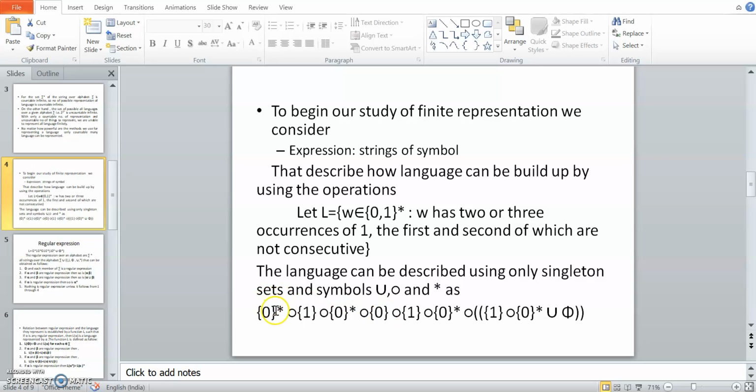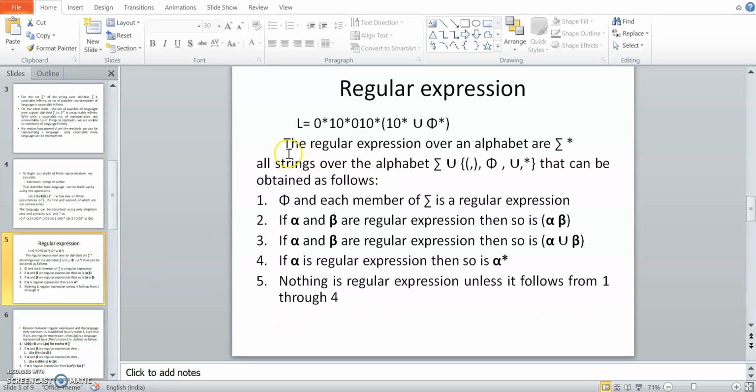I can exclude curly braces and the concatenation symbol. Then we get a new expression like this. L is equal to, by removing curly braces and the concatenation symbol, it looks like this. And this is called a regular expression.